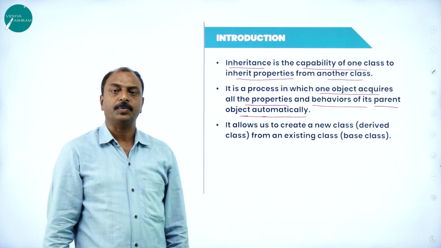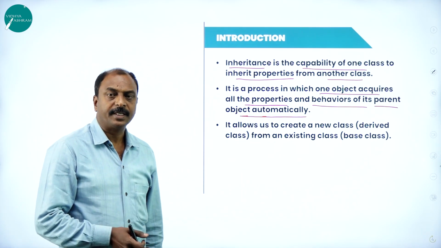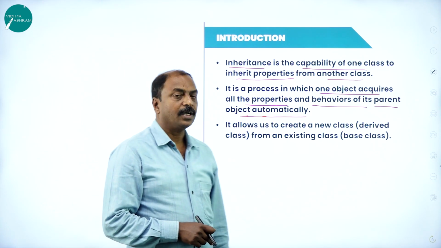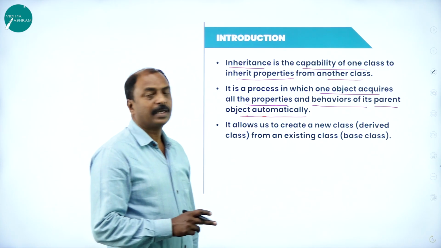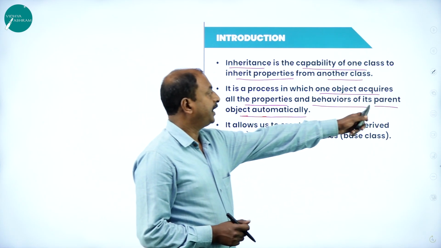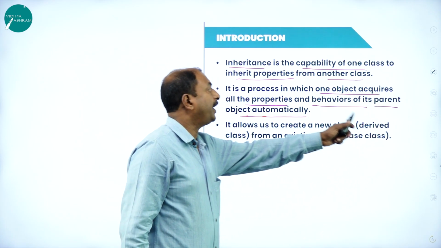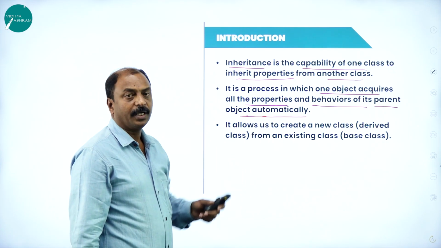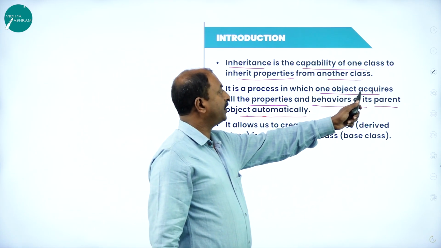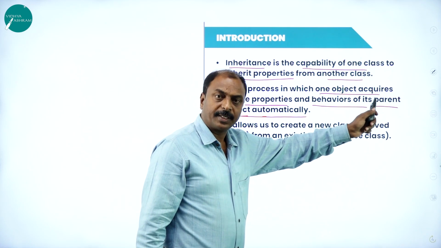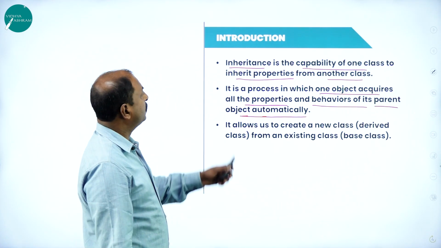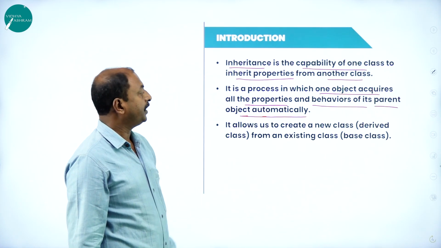So here we have the concept of parent class and child class, or base class and derived class. There are two classes here. From the parent class, the properties are acquired by the child class automatically. That is the process of inheritance.